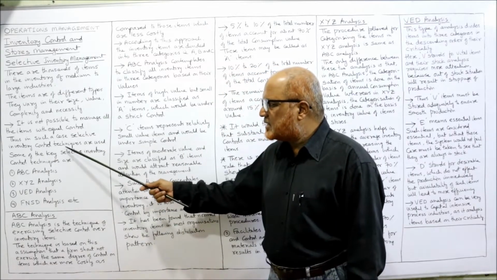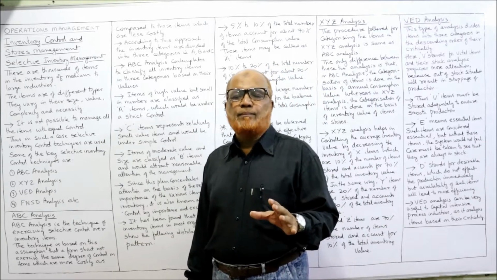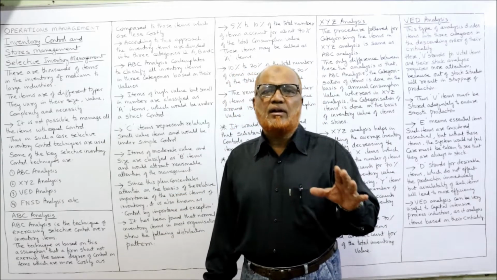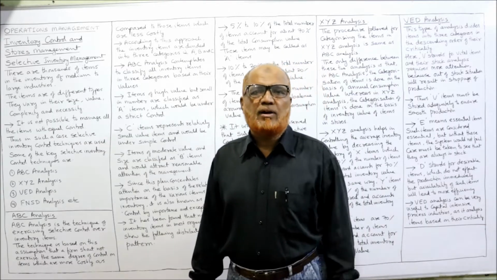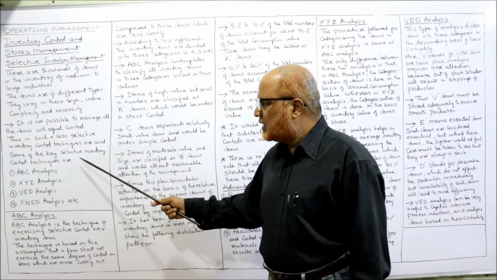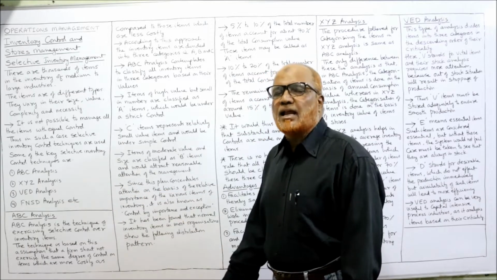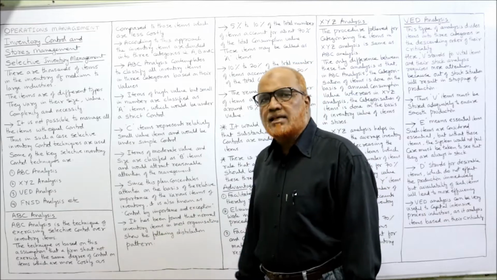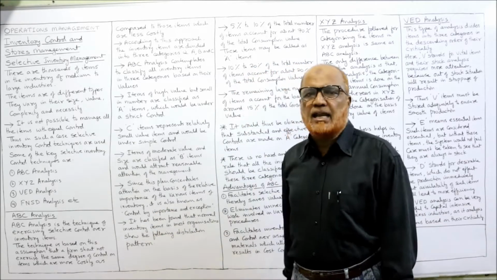In such a case, selective inventory control is used. If such a situation exists, then selective inventory control techniques should be used in order to control the inventory items. Some of the key selective inventory control techniques are ABC analysis, XYZ analysis, VED analysis, and FNSD analysis.